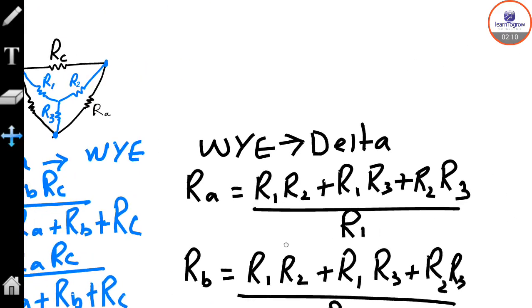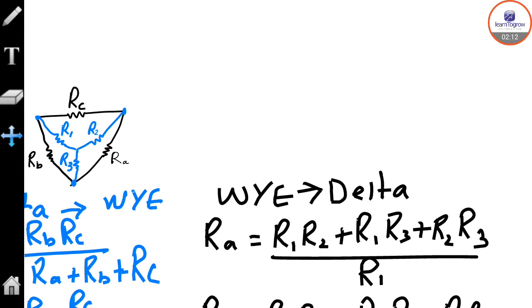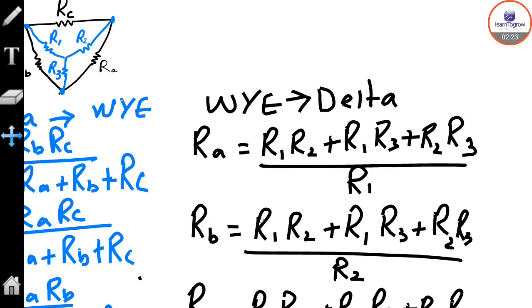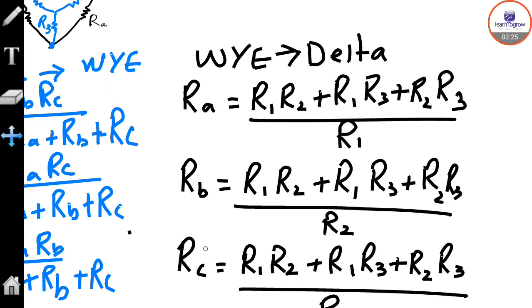But if we want to convert a wye connection into a delta connection, we want to get RA, RB, and RC, because we initially have R1, R2, and R3. We will get it from this formula.